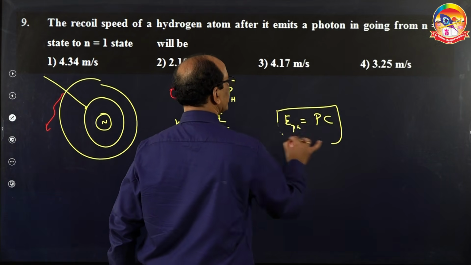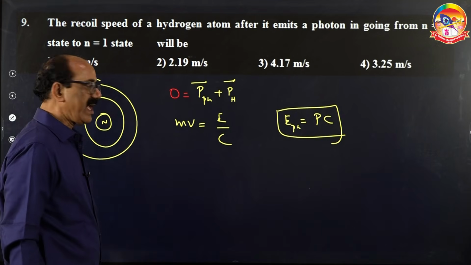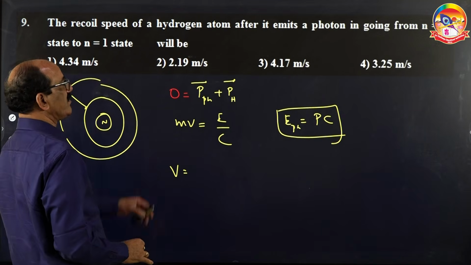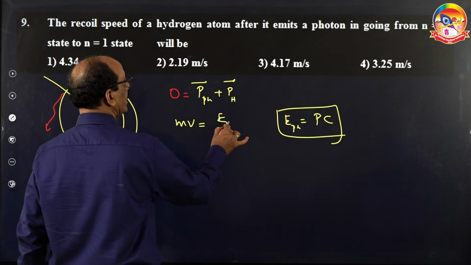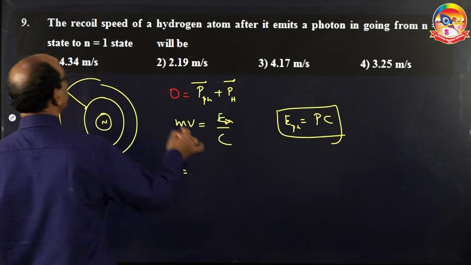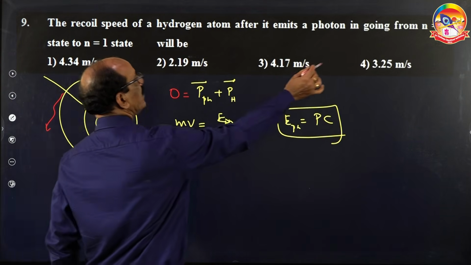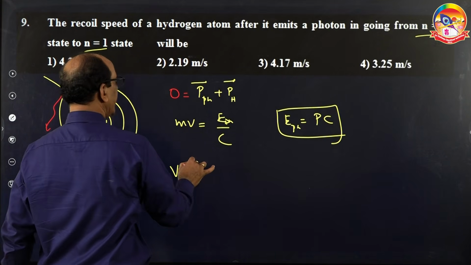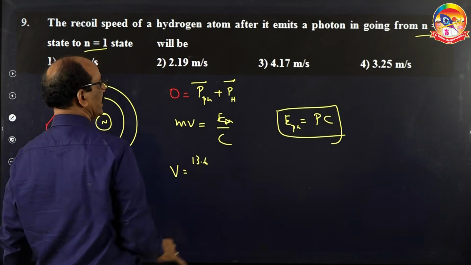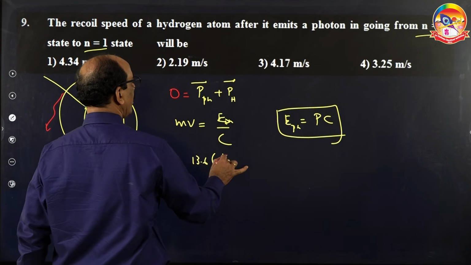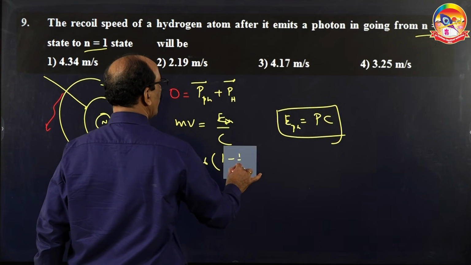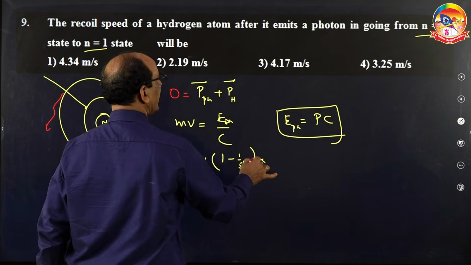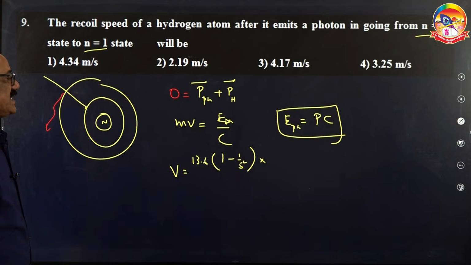We have to make use of this relation. So the recoil velocity of the hydrogen atom is the energy of the photon emitted. What is the energy of the photon emitted? It got de-excited from the 5th orbit to the 1st orbit. We can calculate that using the relation 13.6 into 1 minus 1 by n squared, that happens to be 5 squared. This many electron volt, but the answers are given in meter per second in SI.